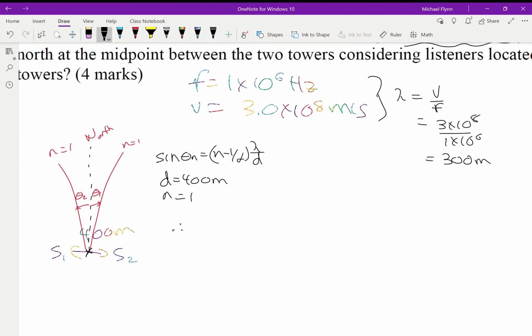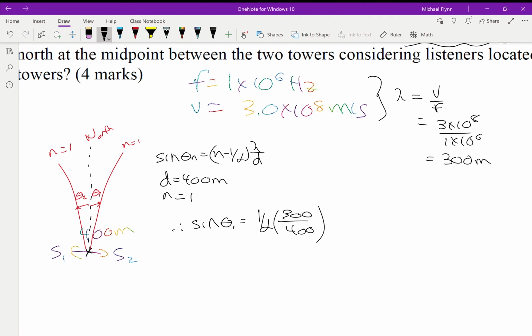So therefore, sine theta 1 equals 1/2. I'm substituting in n equals 1, so 1 minus a half is a half, and then times lambda, which is 300, divided by 400.